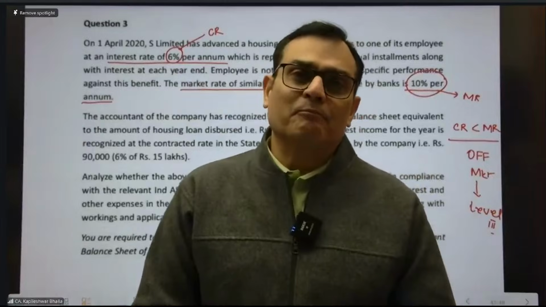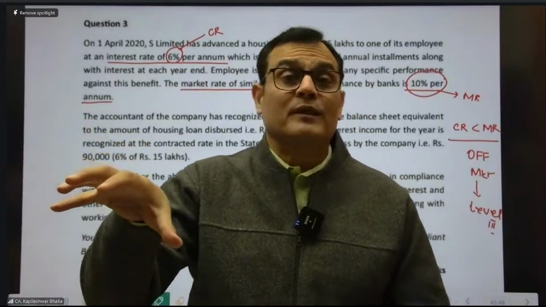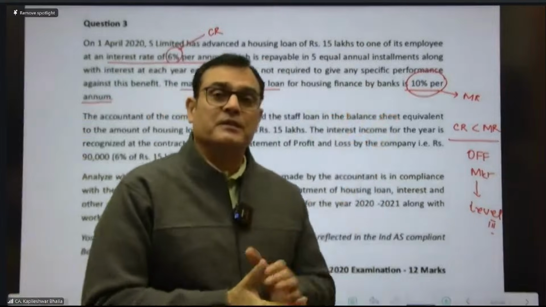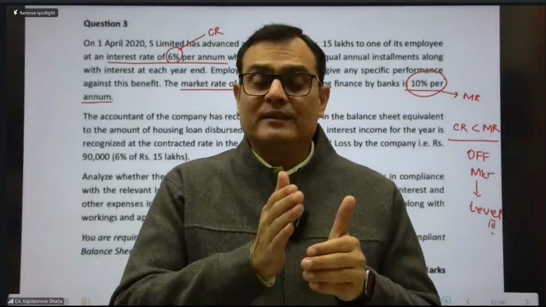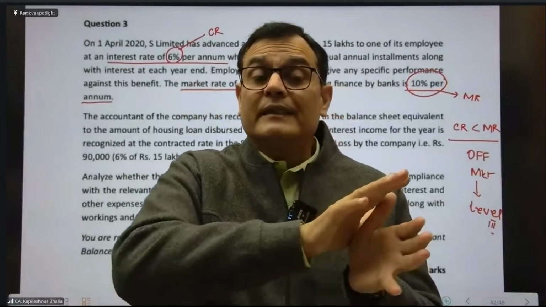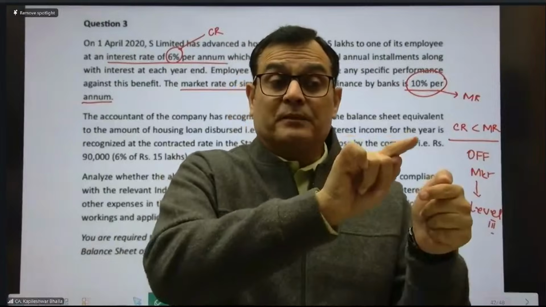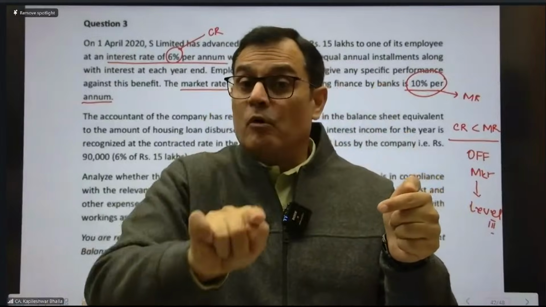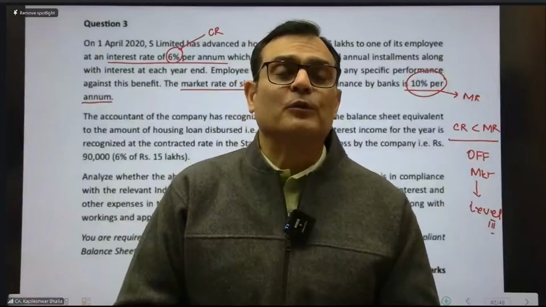Because when you're telling the employee that I will give you interest at the rate of 6%, whereas the market rate of interest is 10%, you're indirectly giving him a perquisite value. So what I'm going to do in this case, the difference between the transaction price and the fair value is a prepaid staff expense. And that prepaid staff expense will be amortized over the profit and loss account over the period of the loan.